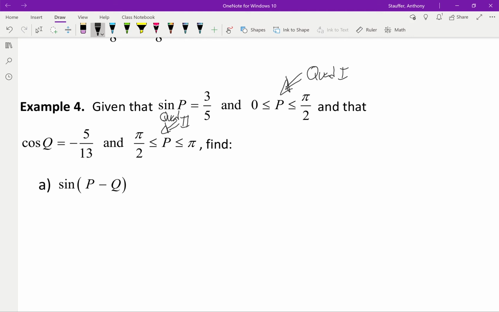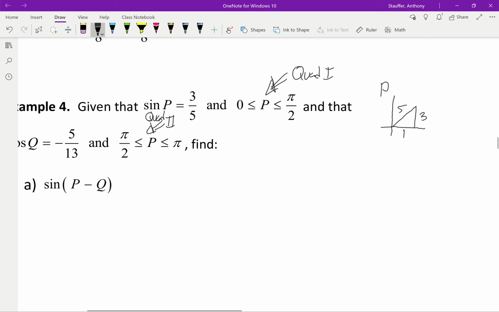The first thing that I'm going to do, even before I start my questions, is tussle with P, and since it's sin P and it's in the first quadrant, we create the triangle. Now this triangle has sine, so it's going to be the opposite over the hypotenuse. And then I use Pythagoras' theorem, and that gets me that we're going to have a 4 right there.